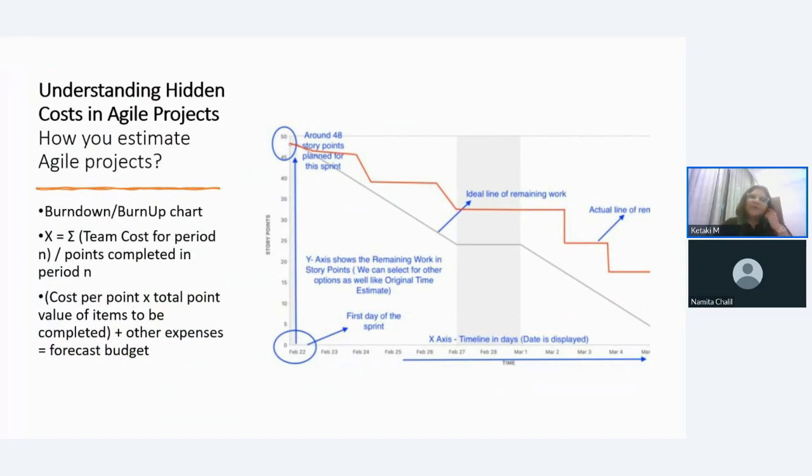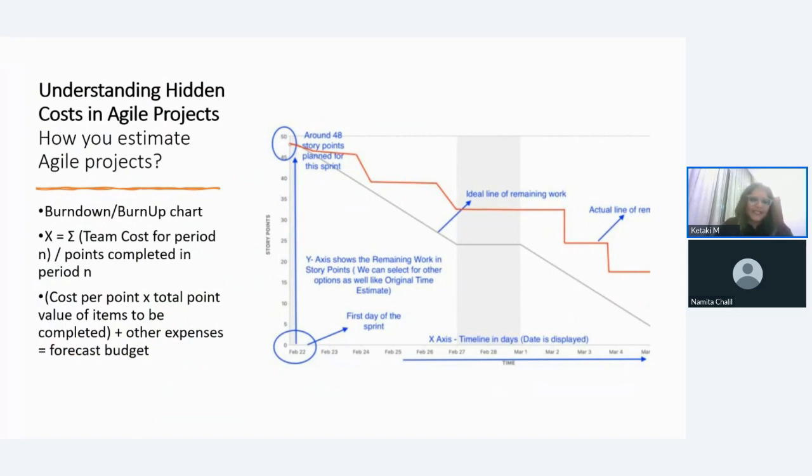Now, when we break down the requirements into a set of features that need to be delivered, and you already have a team sized up who is going to work on those features, and you know how much velocity the team delivers, what you could do is take the last burn down chart of the project that the team worked on.